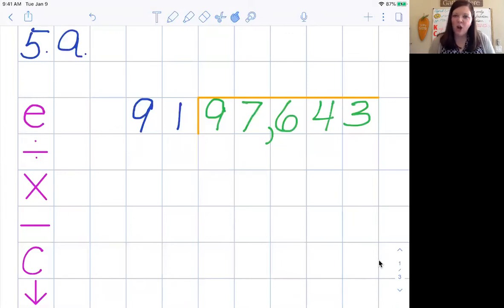Because there are more than 1 digit there, we're going to add an extra step, and you'll see that extra step in purple. That step is the E. E means we need to estimate. You and I, we do not know our 91 multiples.